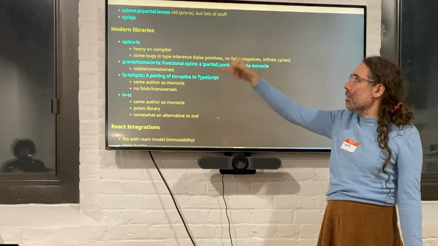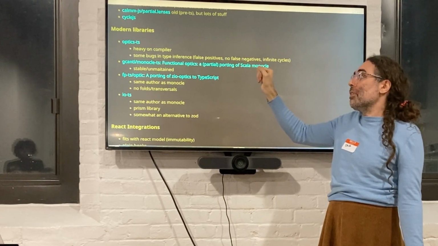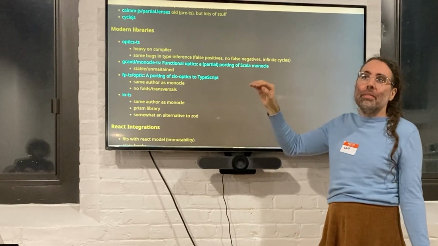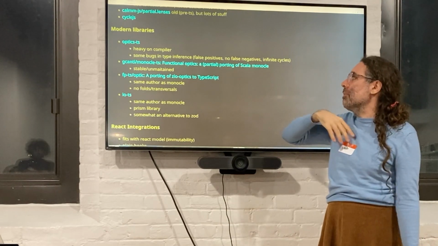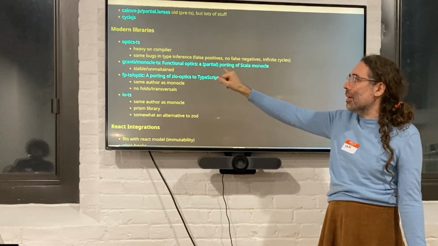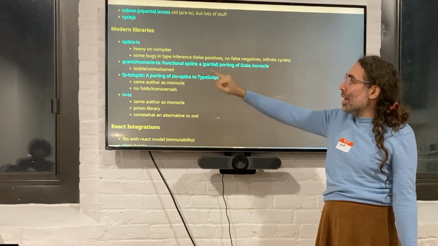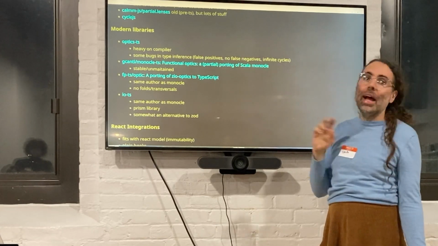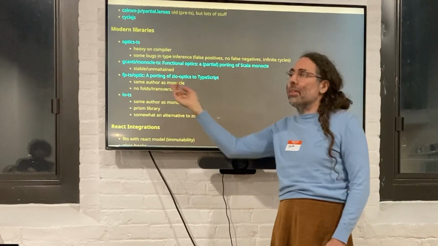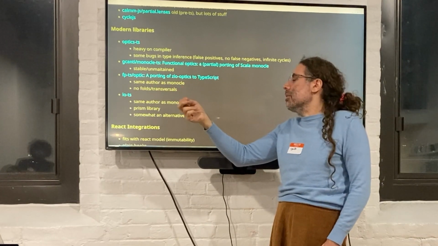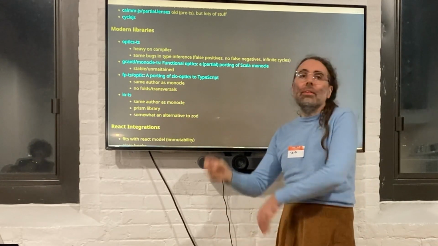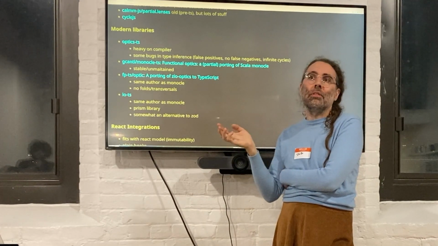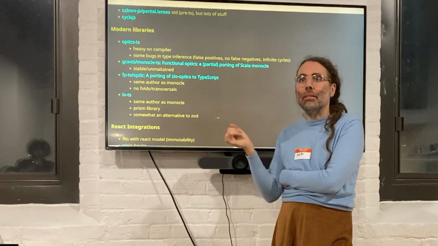You have monocle-ts that you see a lot. It's a port of a Scala library with the same name. It's unmaintained but really stable. I don't have much personal experience with it, but it makes sense. By the same author, there's fp-ts, which is more active, but it's missing folds and traversals, so it's still quite usable. And io-ts, maybe some of you have heard about it as a validator library, as an alternative to Zod and the like.